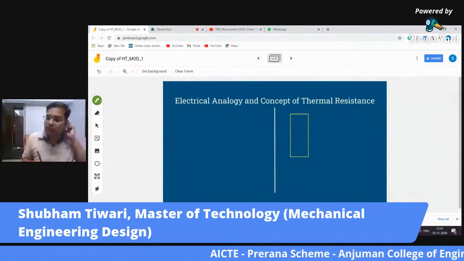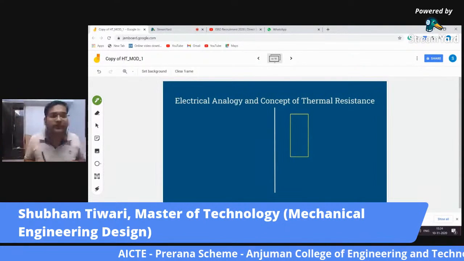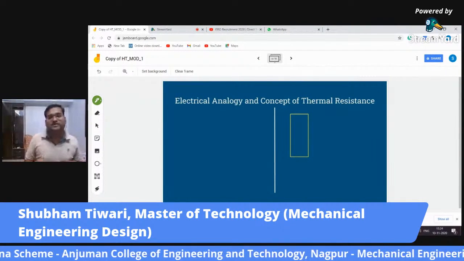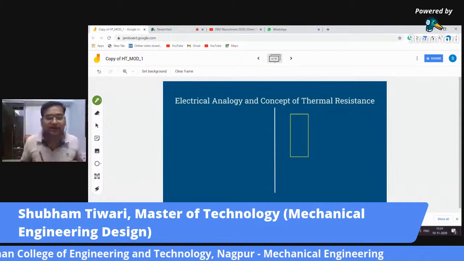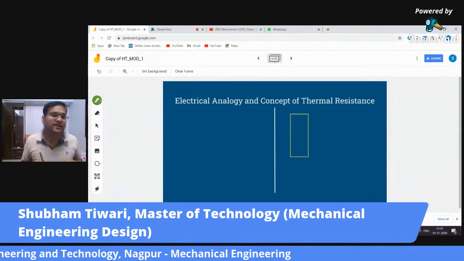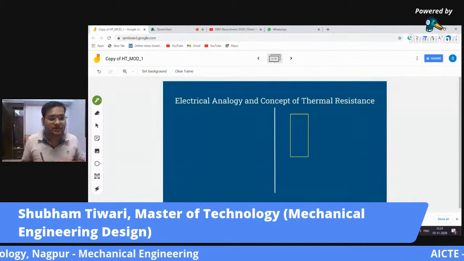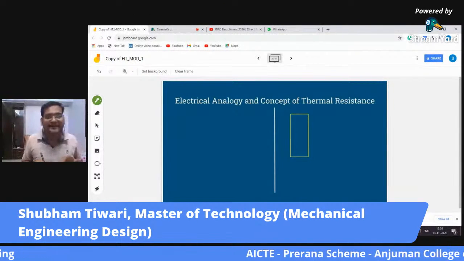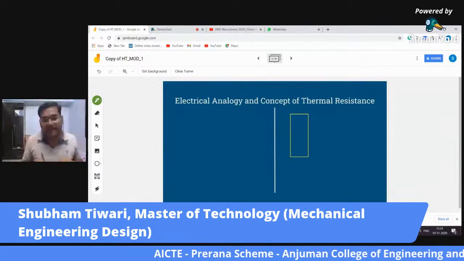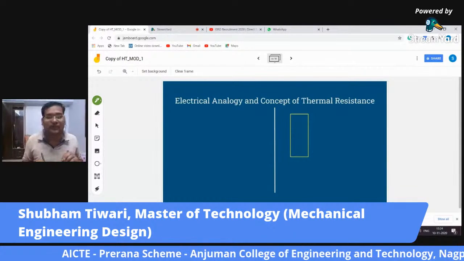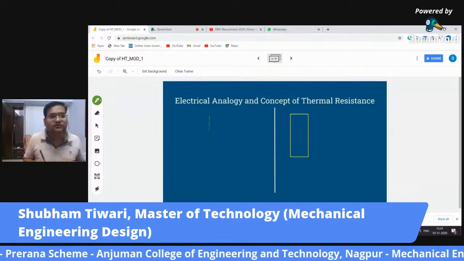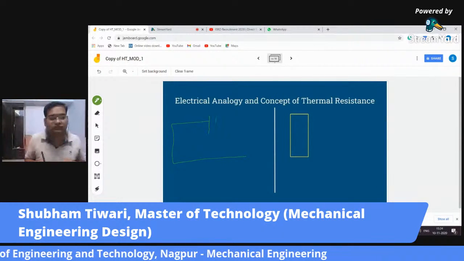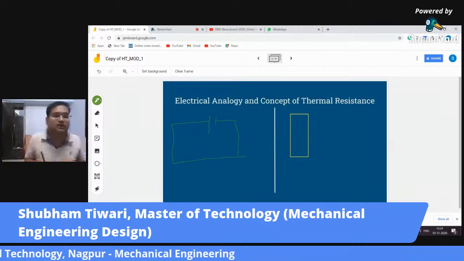Okay, now moving towards a very key concept, the electrical analogy. This concept is going to help us a lot in the conduction, convection as well as radiation chapters, because the problems that we are going to solve, we can simplify by drawing simple circuit diagrams, just like in the case of electricity. We have studied in school that, let us suppose this is an electrical circuit.